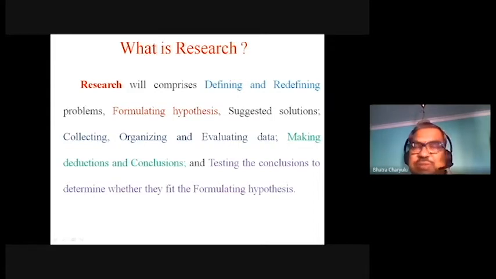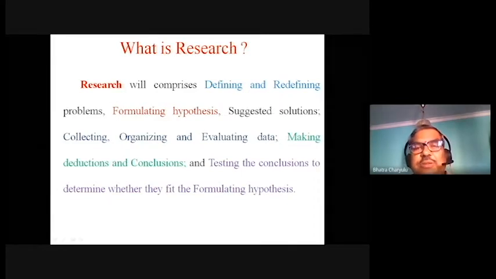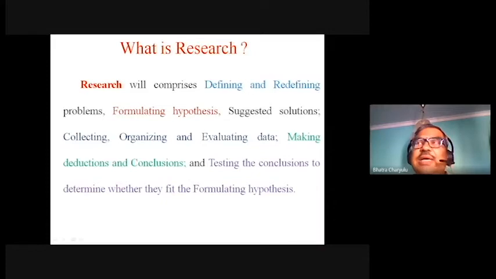Making deductions means we are deducing the parts from whatever information you are collecting, based upon the hypothesis you are forming, and whatever techniques are used for solving or computing those by using some evaluation process, and also testing the conclusions to determine whether they fit the formulated hypothesis or not. So this is generally the general definition of research.